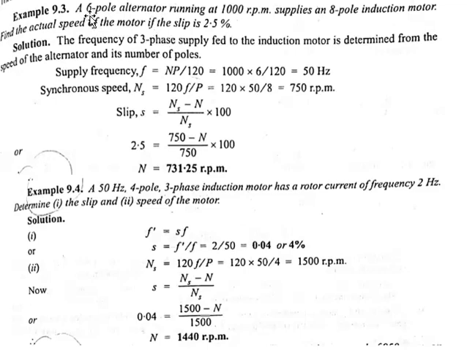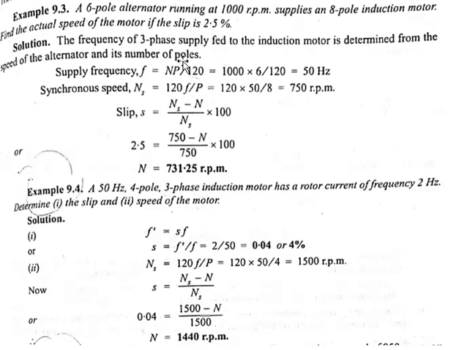They have given the alternator specification, and this alternator supplies our induction motor. So the alternator has 6 poles and is running at 1000 rpm. It supplies an induction motor, and the induction motor has 8 poles. We have to find the actual speed of the motor if the slip is 2.5%.